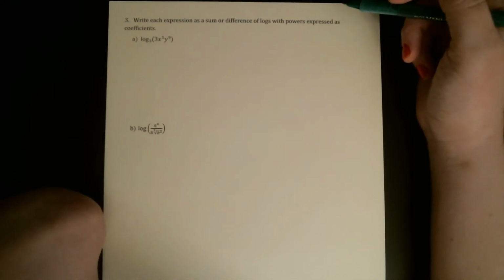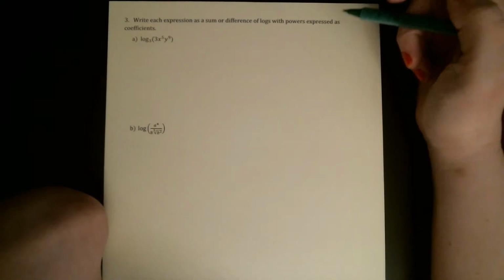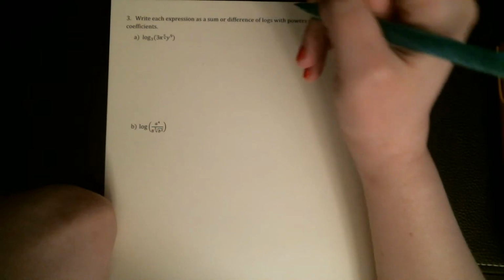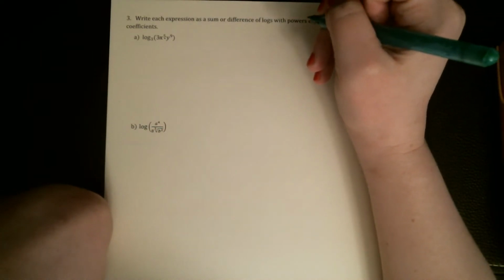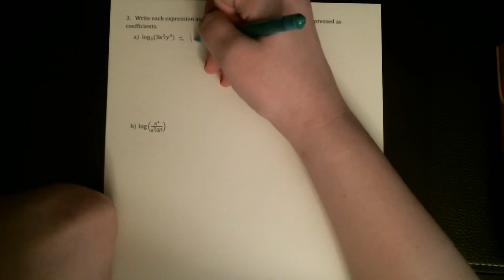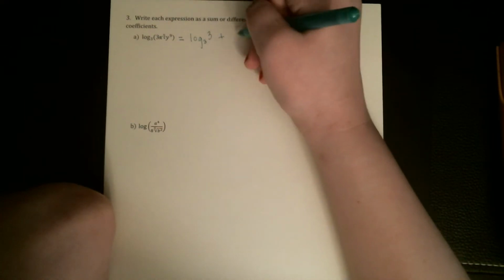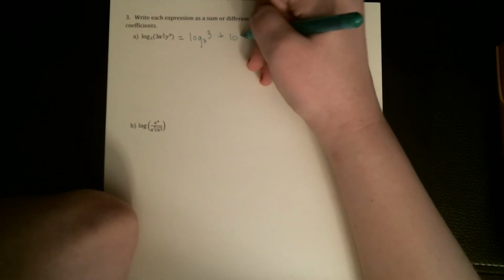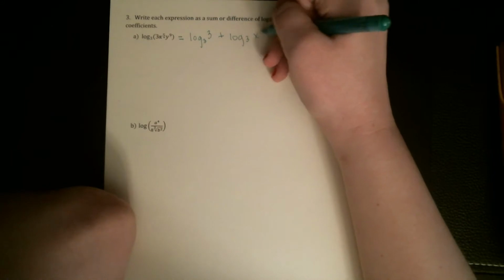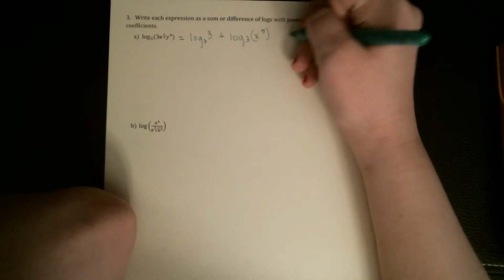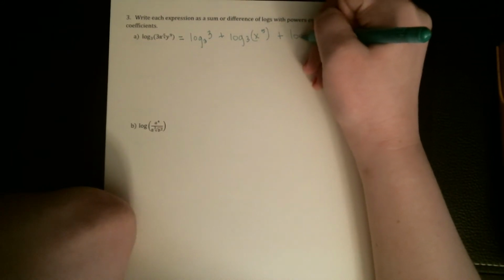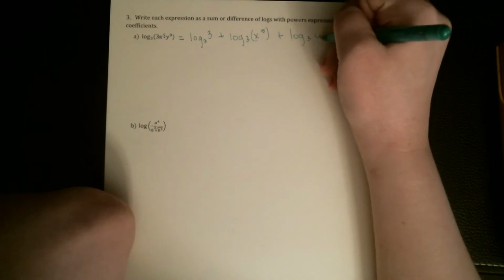So here I see the log of a product. In fact, I see a couple of multiplications in here. So I should be able to use my sum and difference properties, in this case just sum, to say that this is the same as a log base 3 of 3 plus a log base 3 of x to the 5th plus a log base 3 of y to the 9th.